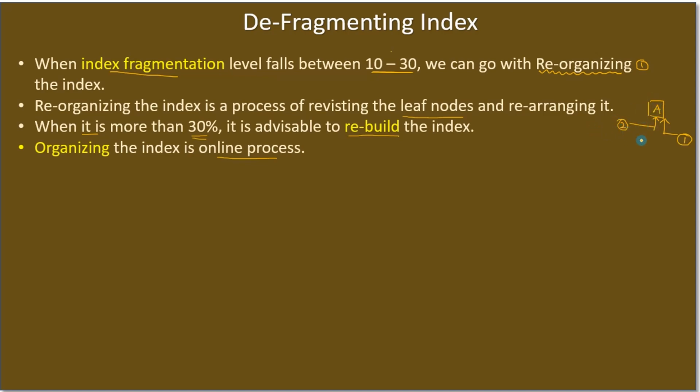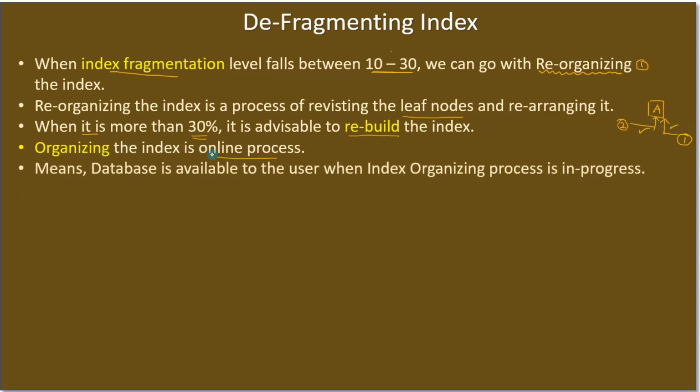That's allowed here. Both will go in parallel. Online process means the database is available to users when the index reorganizing process is in progress. That means the table will be available, so it will not be locked or blocked.